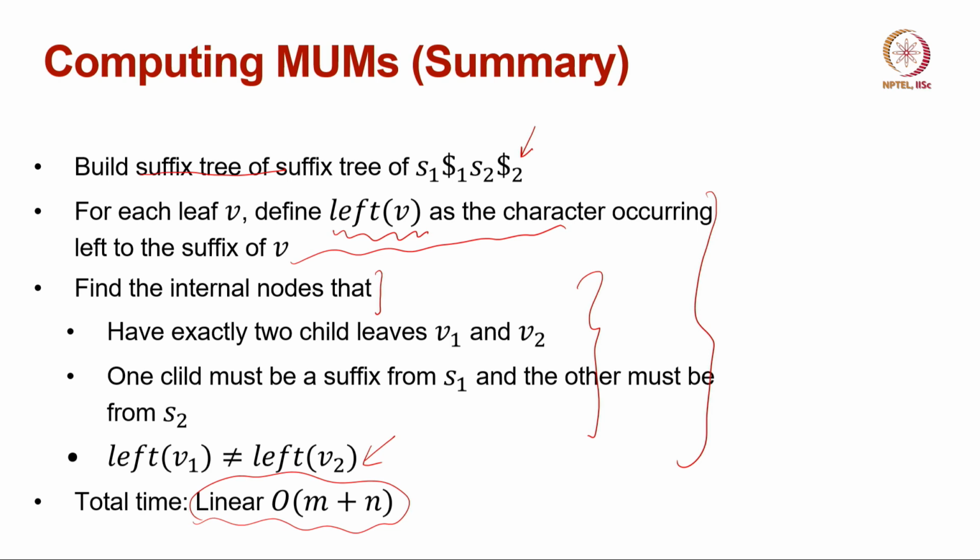So, this gives you a very fast way of solving for maximal unique matches. It also serves as another example of how suffix trees can enable a simple solution to a non-trivial problem.